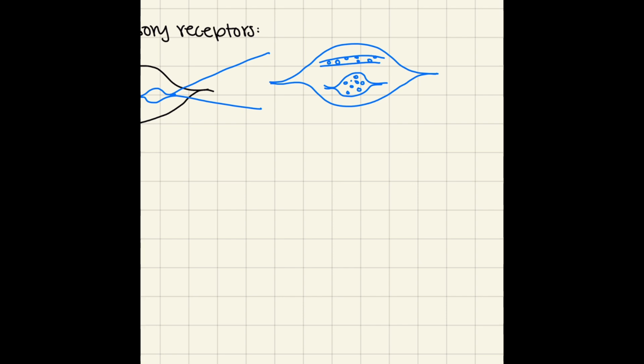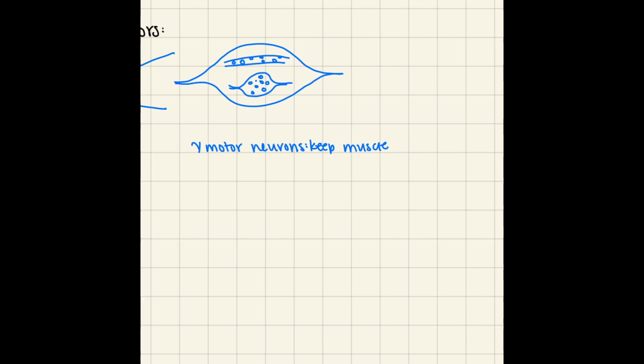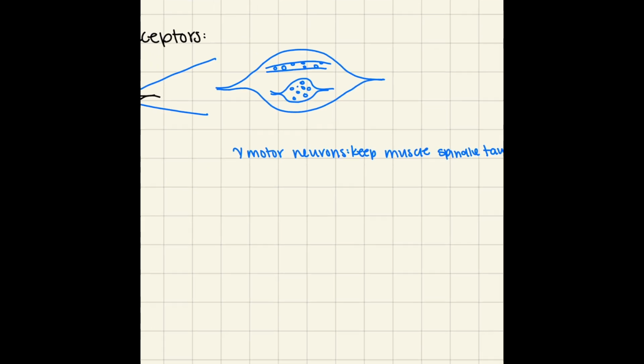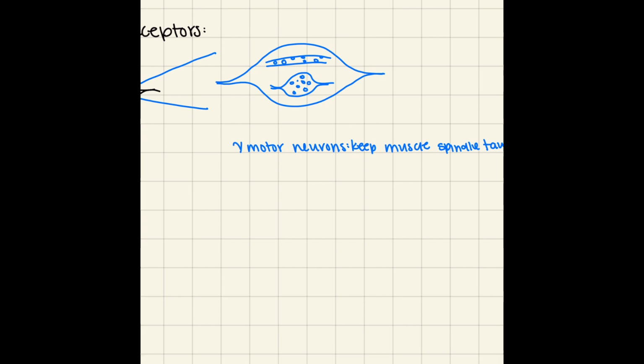So when we're contracting a muscle, gamma motor neurons keep the muscle spindle taut. They also have sensory neurons running through them that are running out.